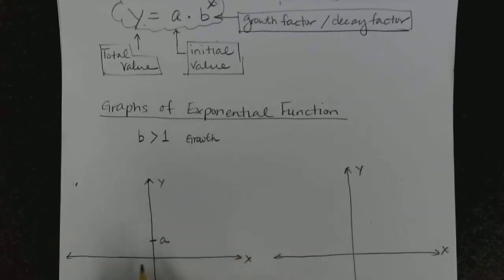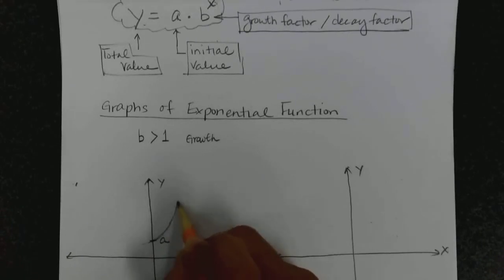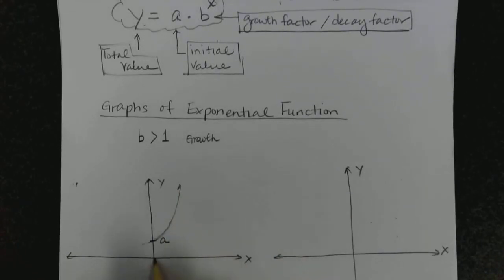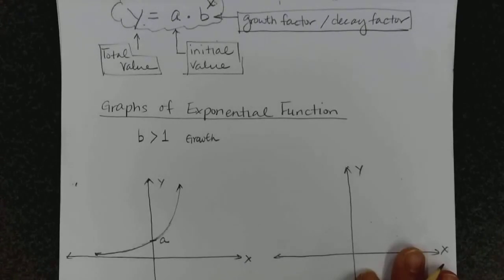So the graph will always go through whatever the a value is when x is 0. Because it's a growth value, the graph looks like this. As x gets bigger, it grows exponentially. And as x gets smaller in a negative value, the y value will also get really small. But one thing you have to know about exponential functions is that y never becomes 0. So this graph never crosses the x-axis.